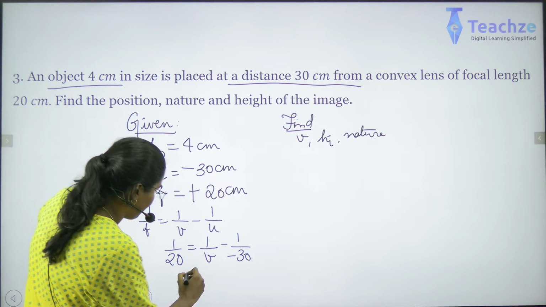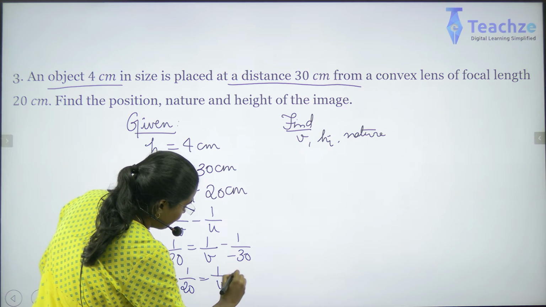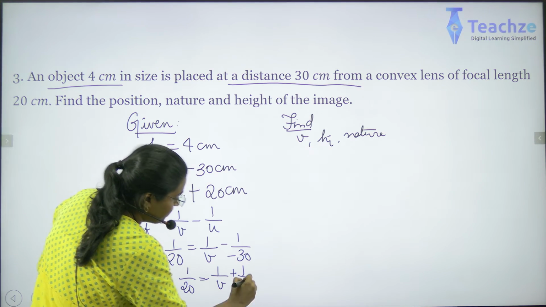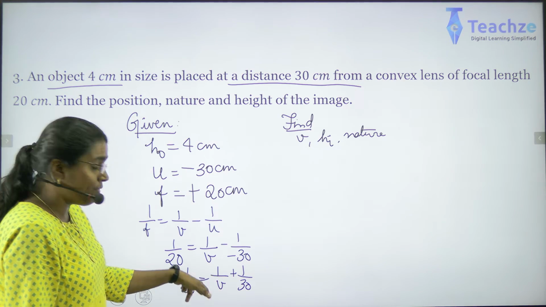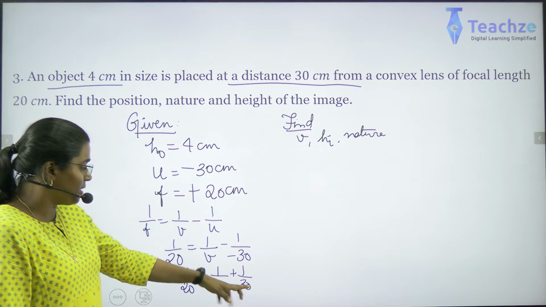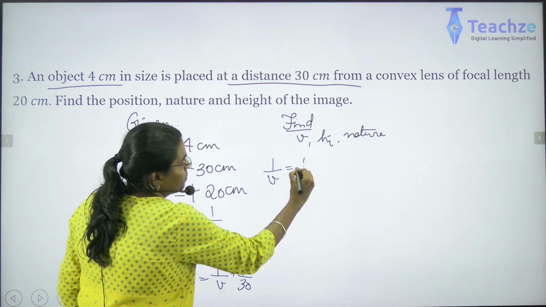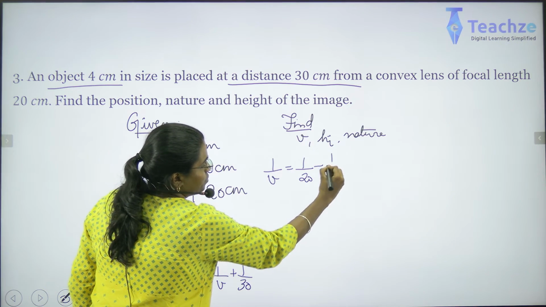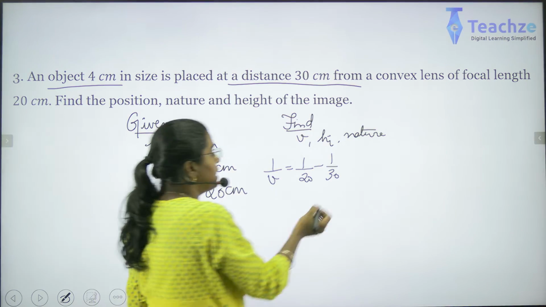So, this will be plus 1 by 20 equal to 1 by V plus 1 by 30. When we have to find V, I'll take my 1 by 30 to this side. So 1 by V is equal to 1 by 20 minus 1 by 30. When I take the LCM of 20 and 30, I'll get 60.